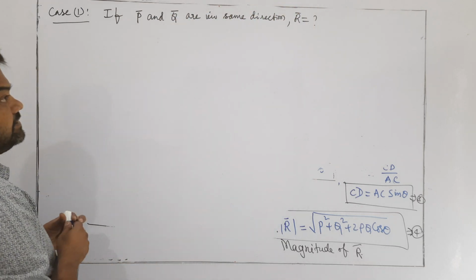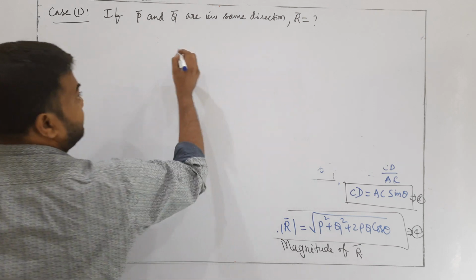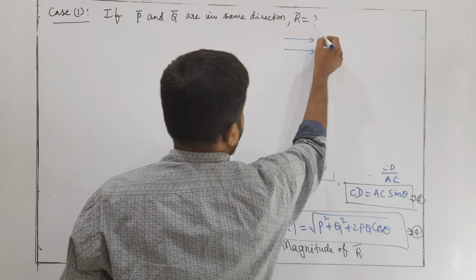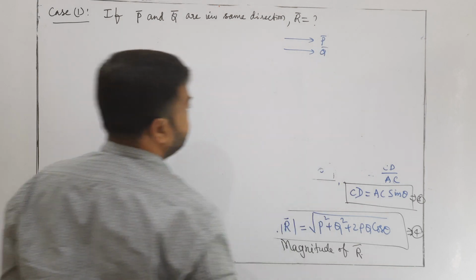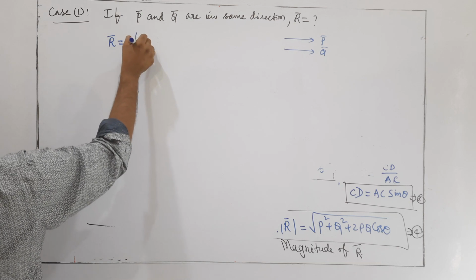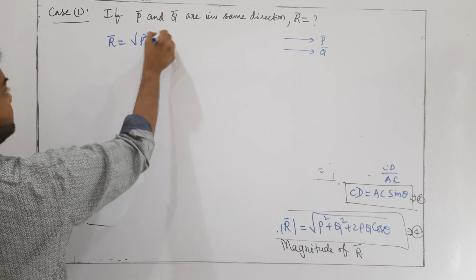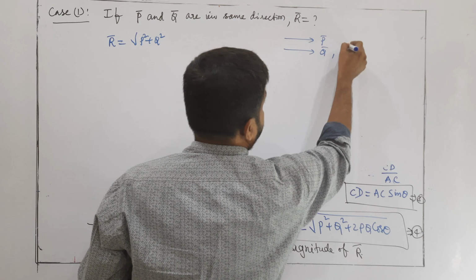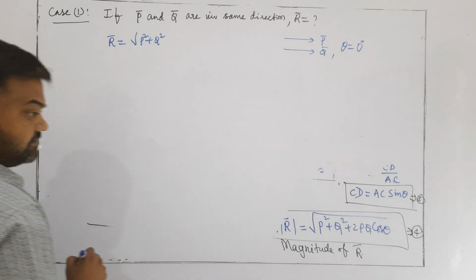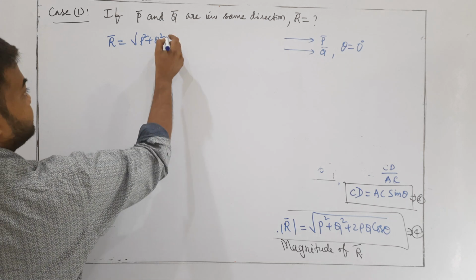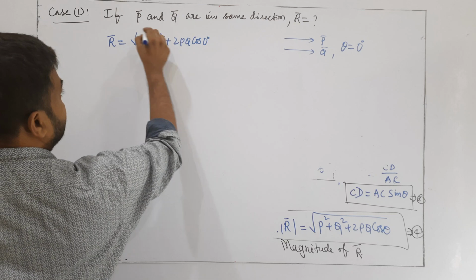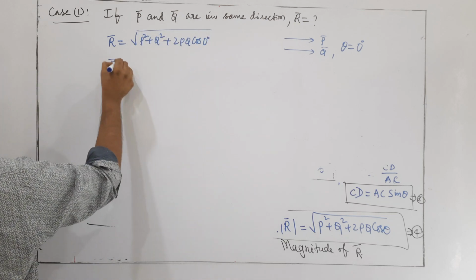P bar and Q bar. Then what should be the resultant? Resultant is equal to root of P square plus Q square plus 2PQ cos theta. You know, theta is equal to 0. So P square plus Q square plus 2PQ cos 0. What is the value of cos 0?